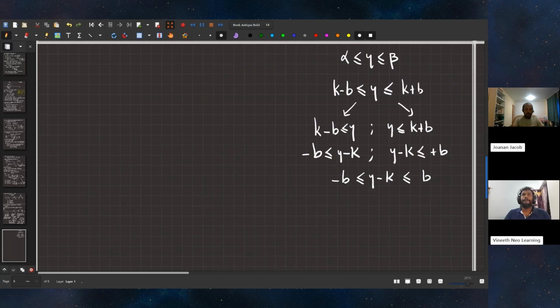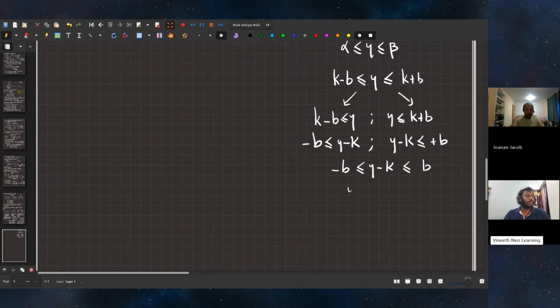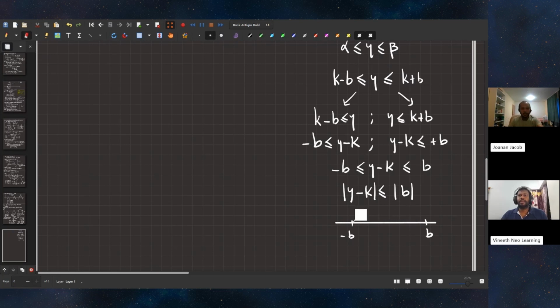Meaning the absolute value of Y minus K will be less than or equal to the absolute value of B, because it lies between minus B and plus B. Even if it is negative or positive, when we take the absolute value, it will always be less than the absolute value of B. To explain, if this is minus B and this is B, Y minus K lies somewhere around here.